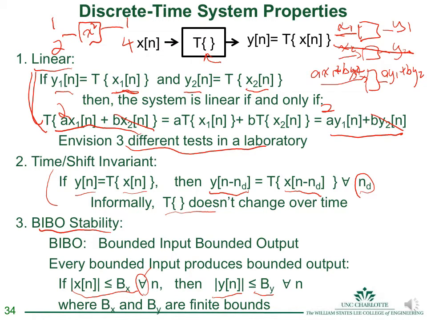One of the examples we had was the accumulator, where we saw that if we put in the unit step, the output of the accumulator was a ramp that just kept increasing and became unbounded. That's a nice example of a bounded input, the unit step, with an unbounded output.